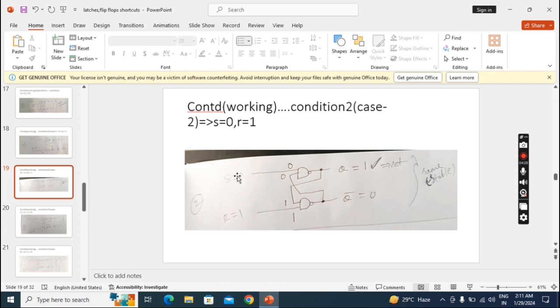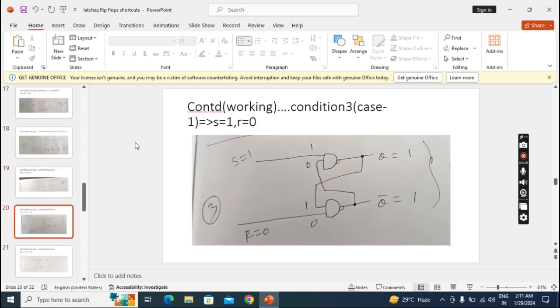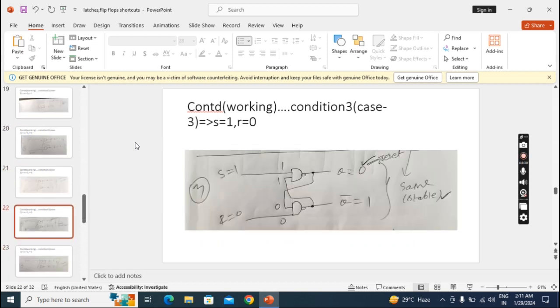Here also, straight to the yes there is Q. You have to write like that. So in condition 3, this is the final case. Whatever the R value, that is coming to the Q. Here also yes, and straight to that Q. Okay, right.